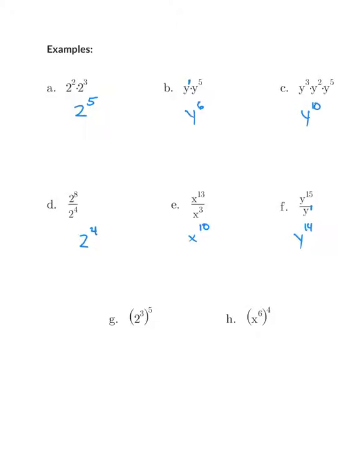And finally, we have our power rule. For this one, remember what we did when we had parentheses before? Parentheses meant multiply. Same thing when we talk about exponents raised to exponents. So what we have here is I want to multiply 3 times 5, giving me 2 to the 15th. And for H, same thing.